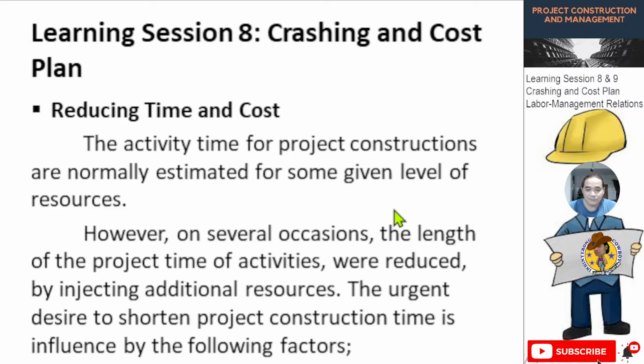Now, the activity times for project construction are normally estimated for some given level of resources. However, on several occasions, the length of the project time of activities will be reduced. We reduce it by injecting additional resources. What are examples of these additional resources?